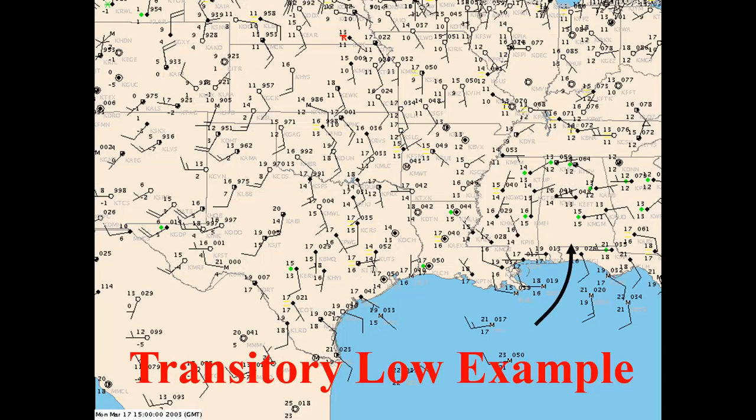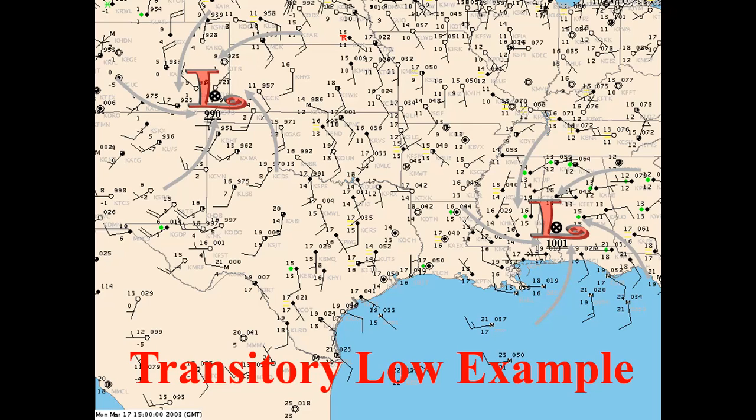Here's an example of a surface chart of a transitory or baroclinic low. We have a couple here on this chart. The one on the bottom right is at about 1,001 millibar central pressure. The one on the upper left is at 990, it's stronger, more intense. Generally, the wind barbs are indicating counterclockwise wind circulation around low pressure systems in the northern hemisphere.